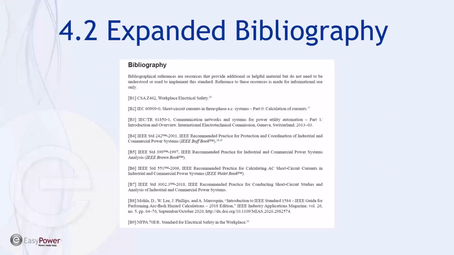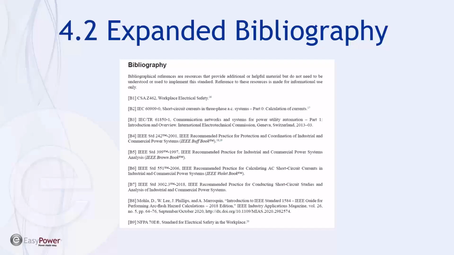I do want to advise that there's an expanded bibliography that includes some documents that were either not in existence or not in release at the time 1584 was originally developed.